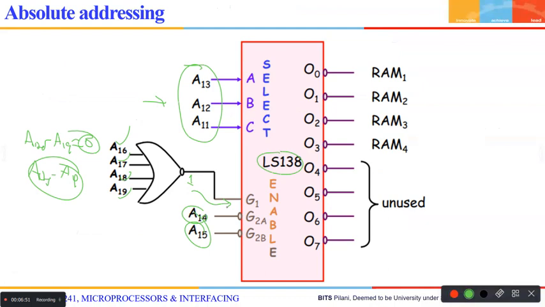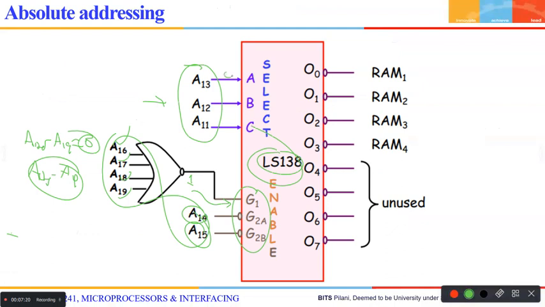That means the content of the address lines A14 to A19 is used to enable this particular decoder logic. If you do this, your entire address decoding is done. See here, this is connected to RAM 1. Why does this have to connect to RAM 1?